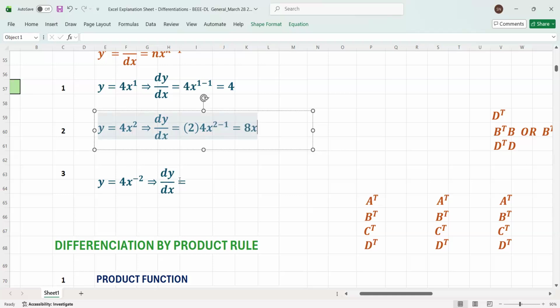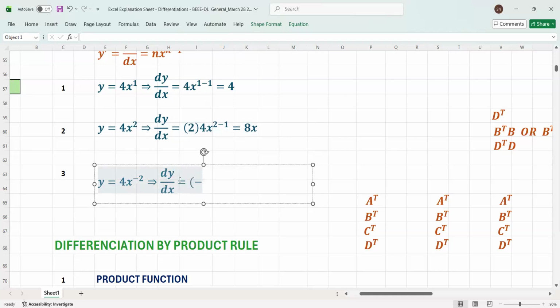Okay. The last example for the power rule is if we have 4x raised to the power negative 2. From the power rule, negative 2 will come to multiply the function 4, and then x will be raised to the power negative 2 minus 1. So that should give us negative 4.